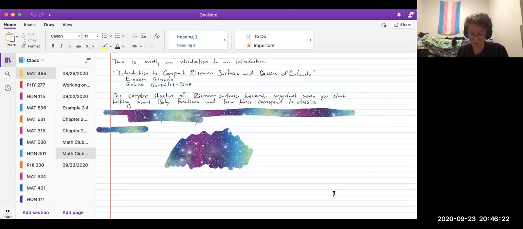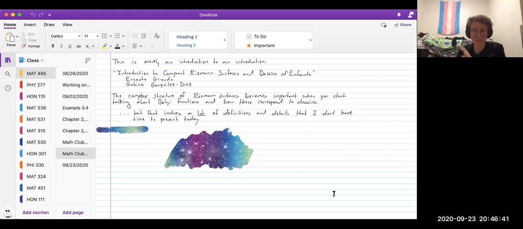This becomes really important when you start talking about special functions called Belyi functions, which have a really nice correspondence to dessins. But that involves a lot of things I would have to define, and it would take forever, so I don't have time to do that tonight.